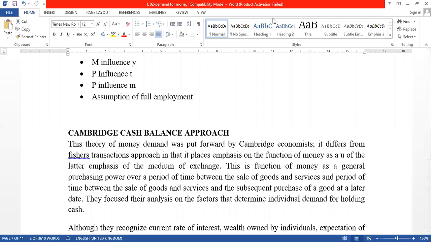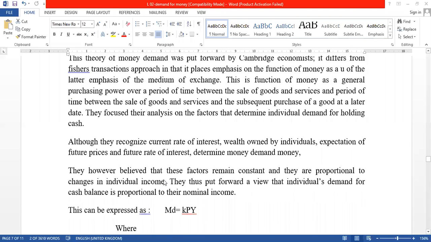I am not sure how many minutes are remaining, but I want to mention something about the Cambridge cash balance approach.